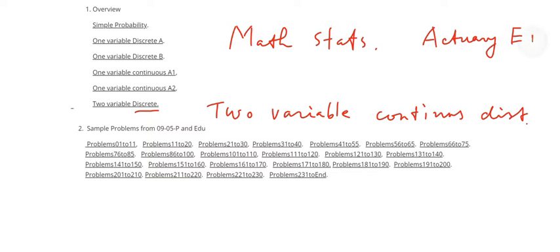So here is the half semester, and here is the other half semester.